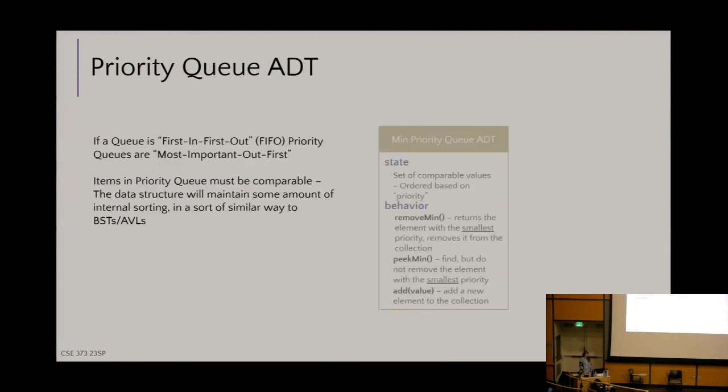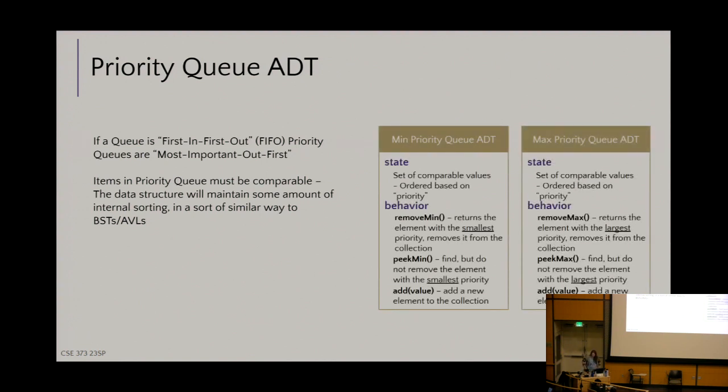So the other thing to be aware of is that when we talk about priority queues, there are actually two mirror images of the priority queue option. There is a minimum priority queue, where the smallest value comes out first, and there's also a maximum priority queue, where the largest thing comes out first.